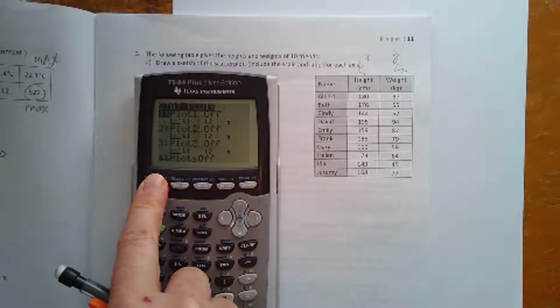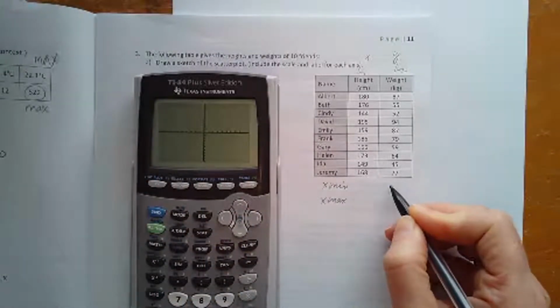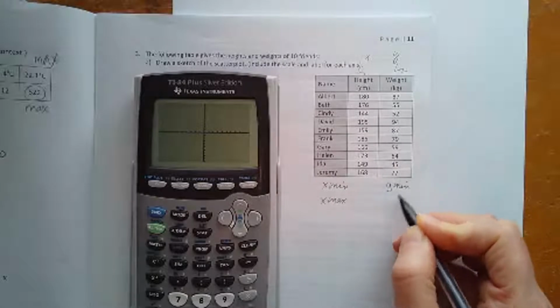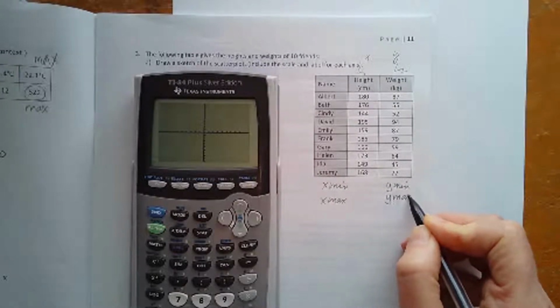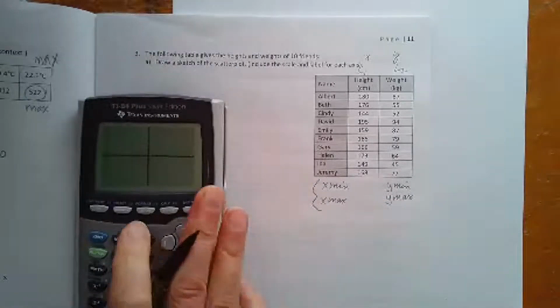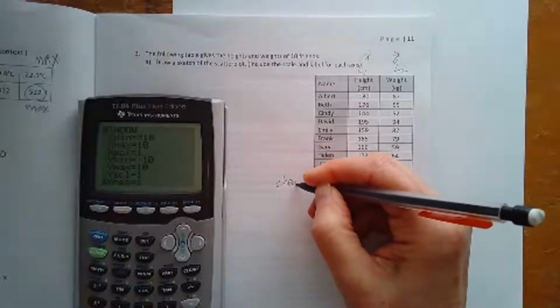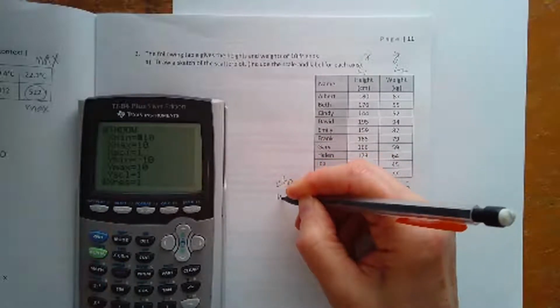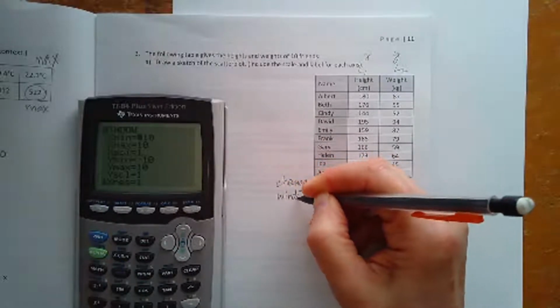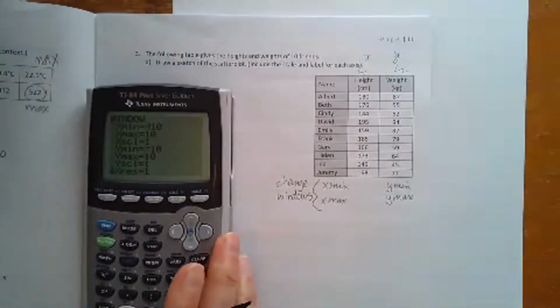So I have to turn my scatter plot on, X min value, X max value, and a Y min value, and a Y max value. And remember, that's under, I'm just going to write you a little note, that's under Windows. Change Windows. Windows is another word for your axis settings.